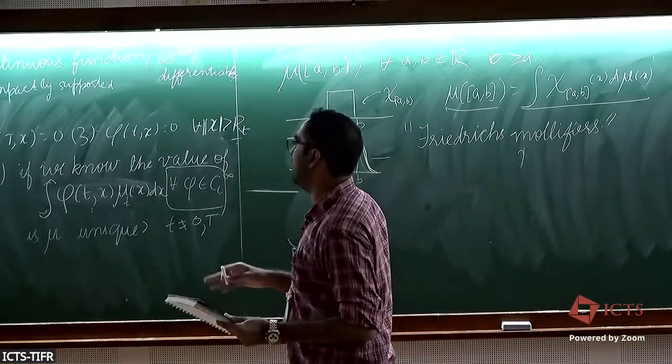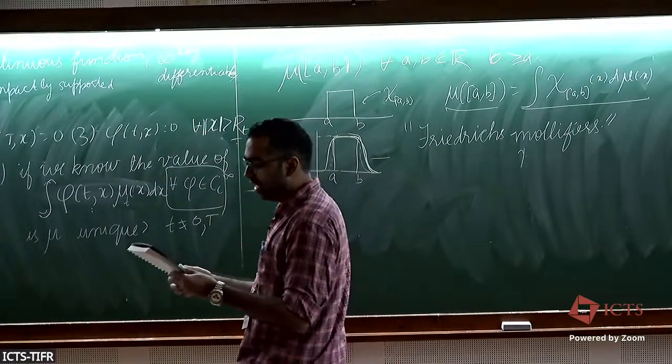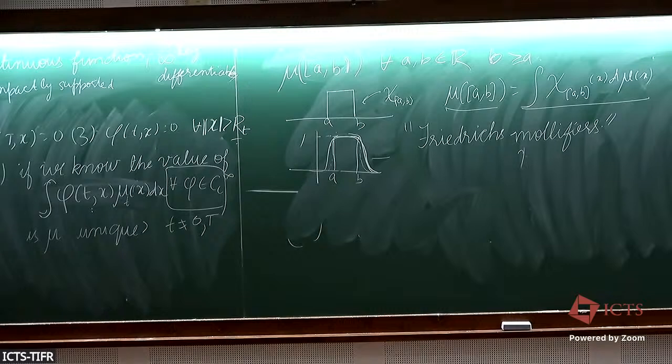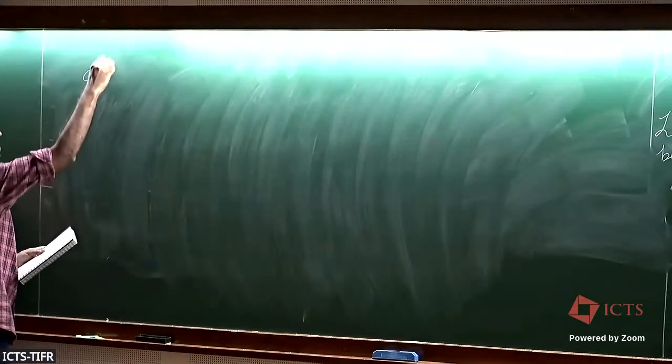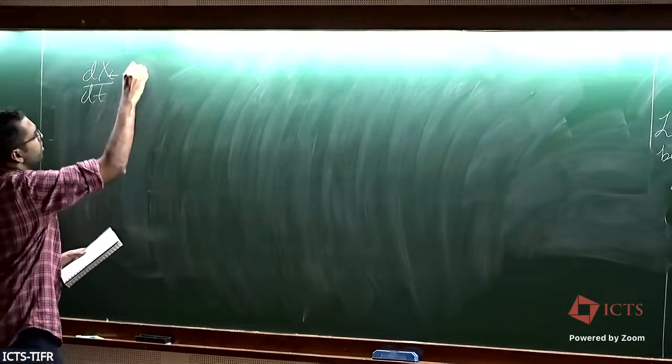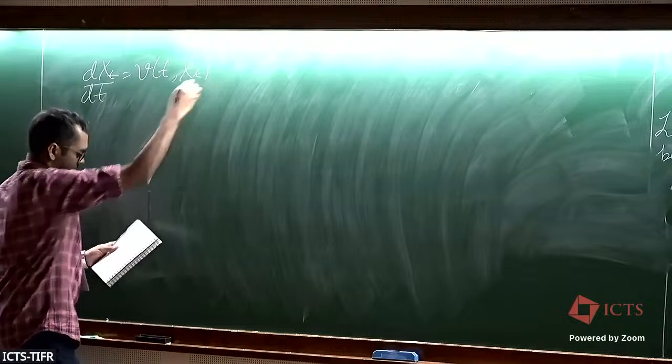Okay. Now I think we have all the tools to derive the continuity equation. Actually, this is not the continuity equation, this is the continuity equation in the distribution form. So let me derive this exactly. Now we have the original equation, dx_t/dt is equal to b(t, x_t).